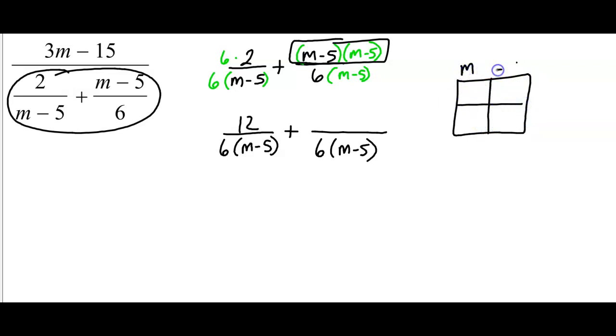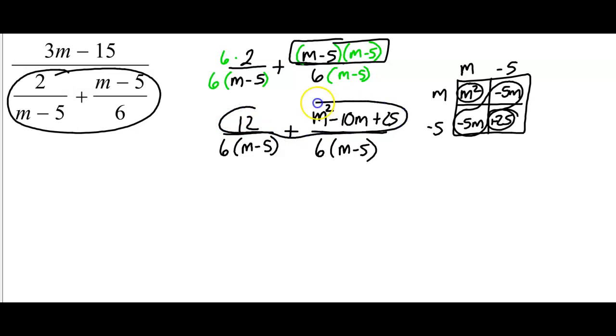M minus 5 times m minus 5. So we have m squared. Those are like terms, so negative 5 and negative 5 makes negative 10m. And there's 25. So now we've got a common denominator, and we can put these numerators together.